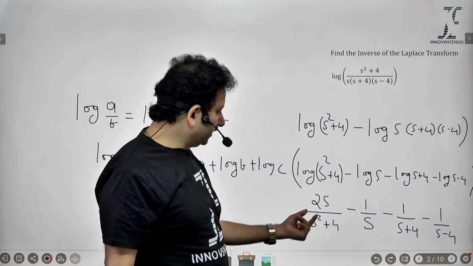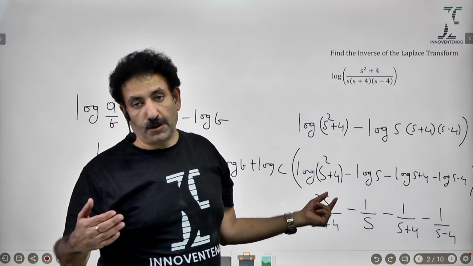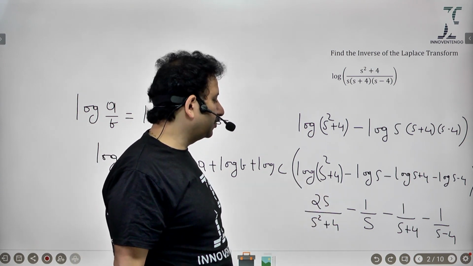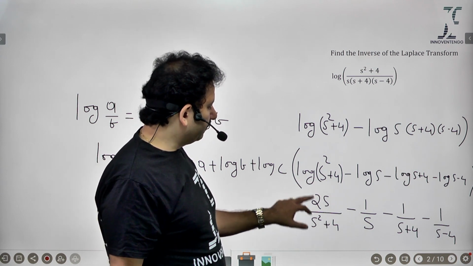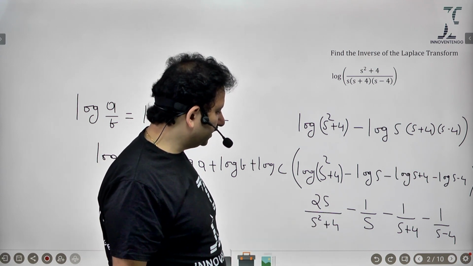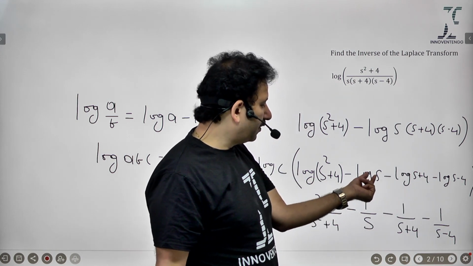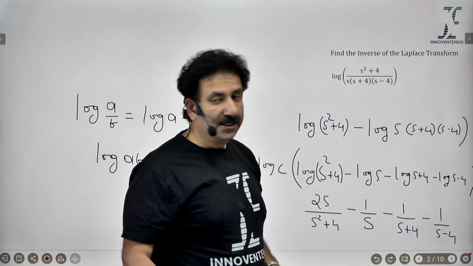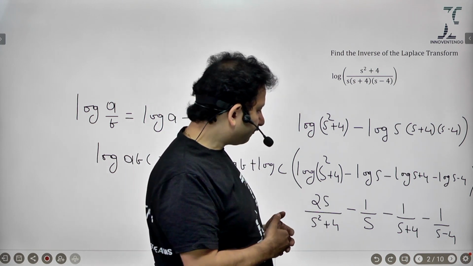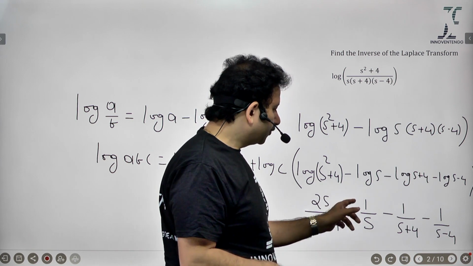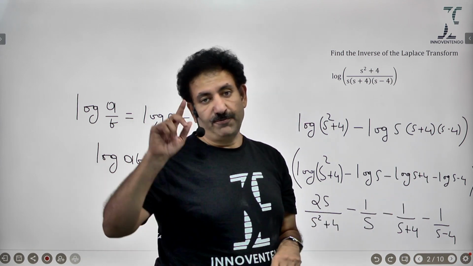And then I differentiated. Whenever you differentiate a log function, you get the reciprocal, and then the function itself has to be differentiated. So only for the first one you had to differentiate the function. For the rest of all terms, the function is just of s power 1. That means when you differentiate, you continue to get 1. And even s does not have any coefficient, it has coefficient 1. So all the numerators continue to be 1.